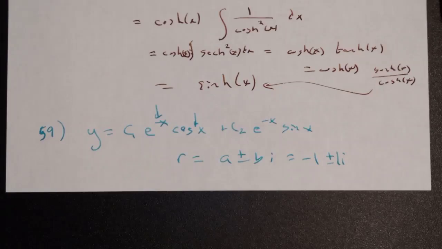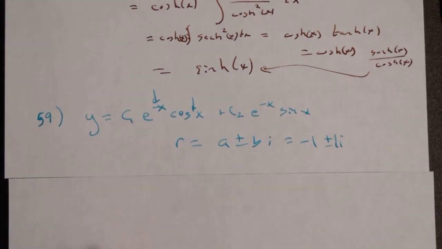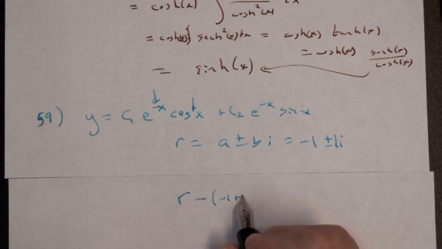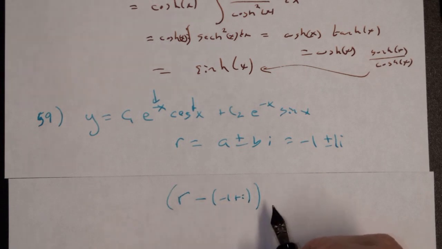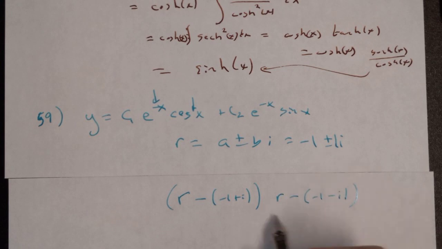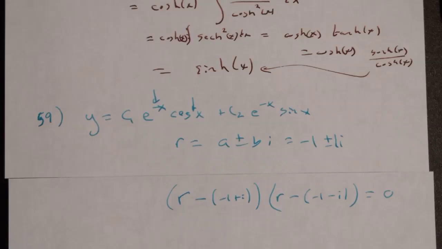With me so far? If those are the roots, then the auxiliary equation must look like r minus negative 1 plus i times r minus negative 1 minus i equals 0. If these are our roots, then it must have been r minus root and r minus root.